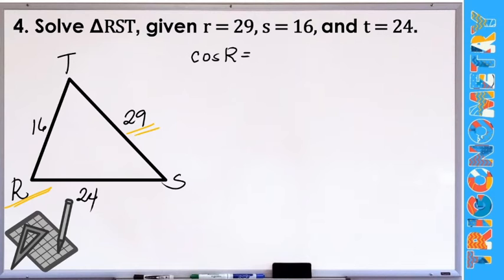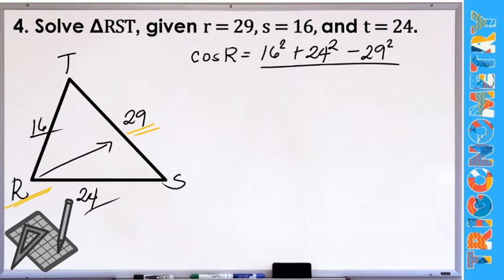The first two sides, yung katapat ng hindi natin hinahanap, which is 16 and 24. Doon natin sisimulan. So, 16 squared plus 24 squared minus yung side ng hinahanap na angle, which is 29. So, 29 squared all over. Okay?